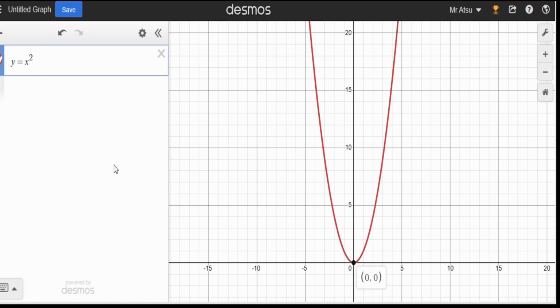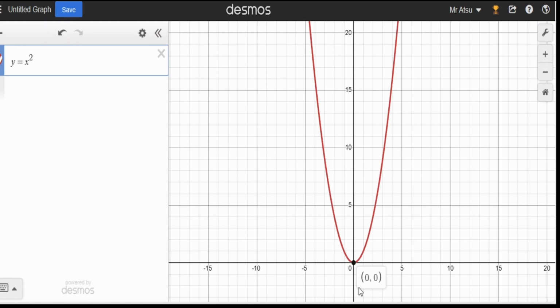The same thing happens on the left side: -1 and 1, -2 and 4, -3 and 9, and so on, because the graph is symmetrical. Whatever happens on the right-hand side also happens on the left side.